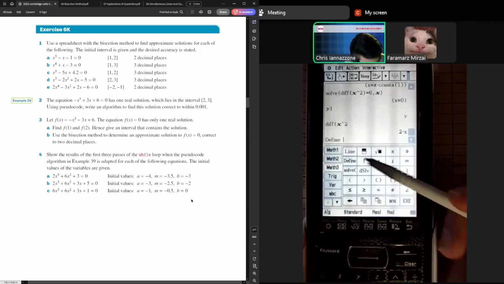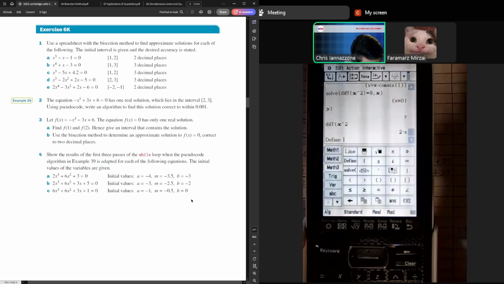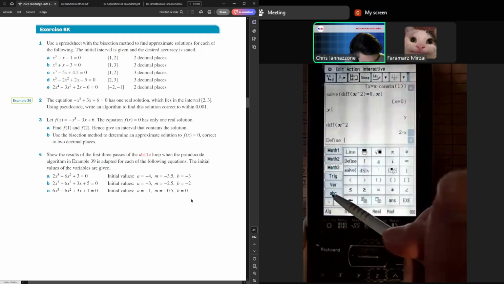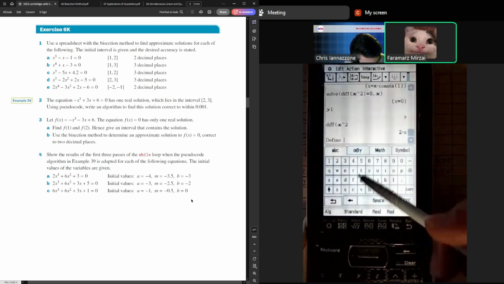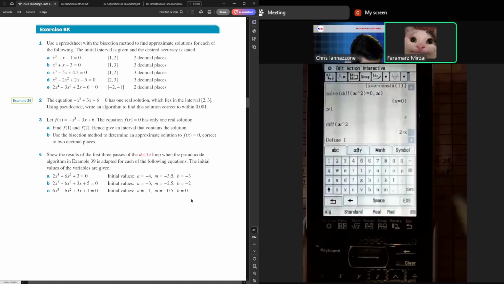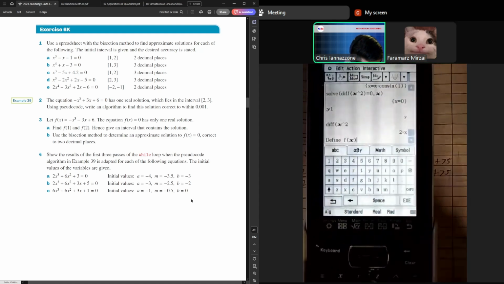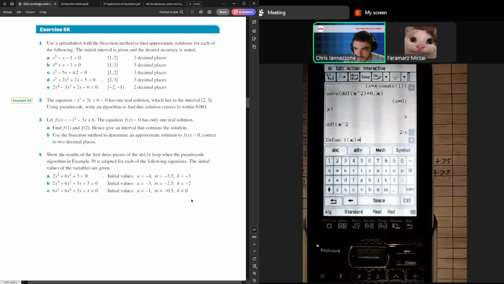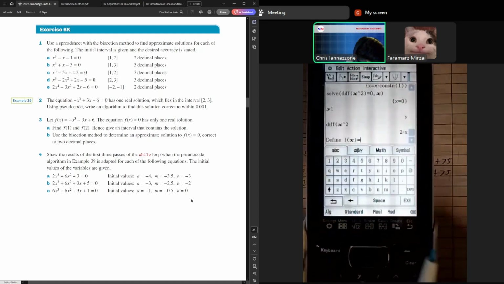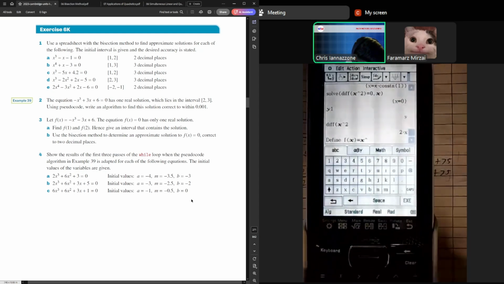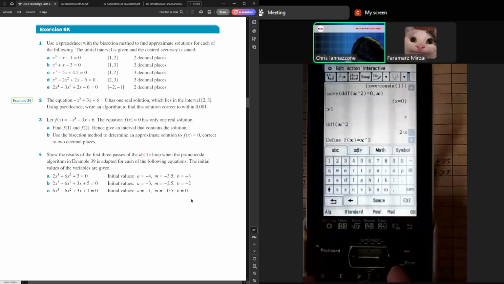And then just label your function whatever you want to call it. So you might want to go to the ABC option and say f bracket x is equal to whatever the function is. So in this case, it's x cubed, so x power of 3. This is another reason why I'm not a fan of this one, because it doesn't put things in the power spot.